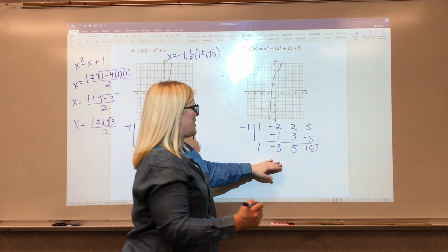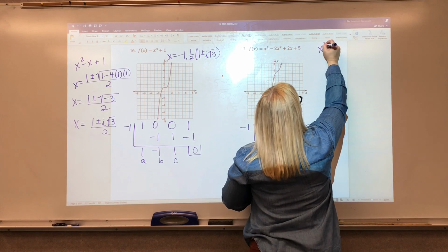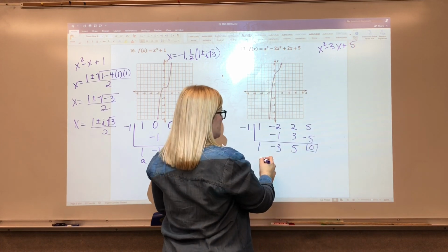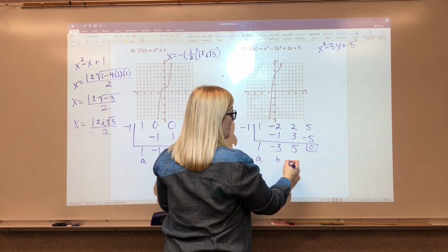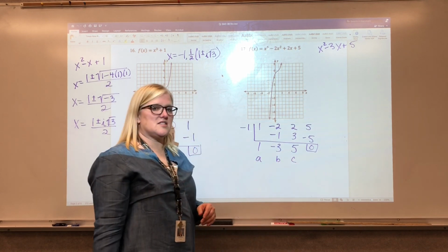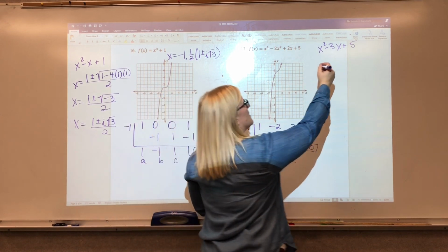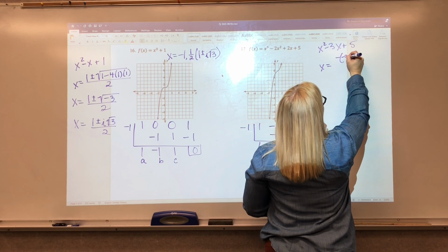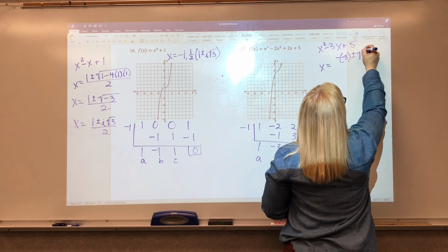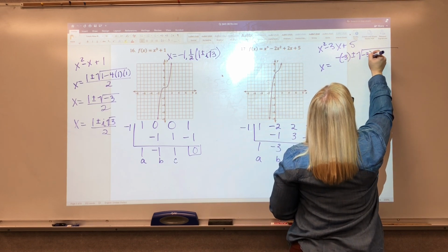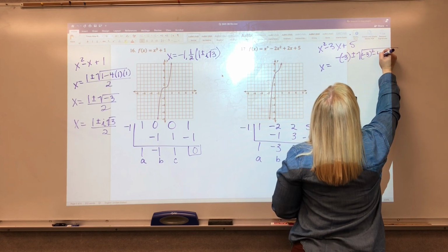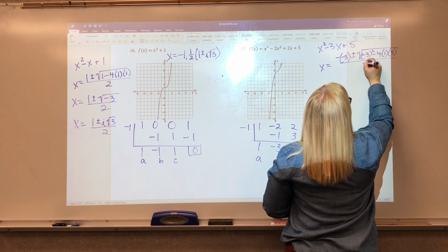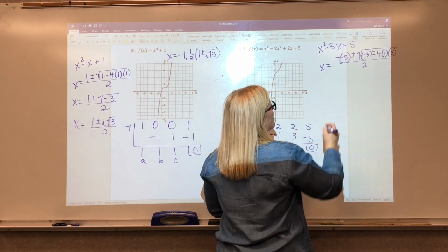So I'm left with x squared minus 3x plus 5, which again, there's my A, there's my B, there's my C. So x equals -b, so a -3 plus or minus the square root of b squared minus 4 times A times C over 2A, or 2 times 1.